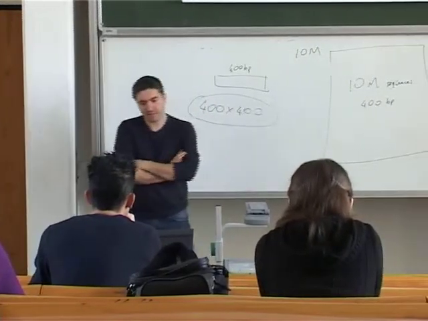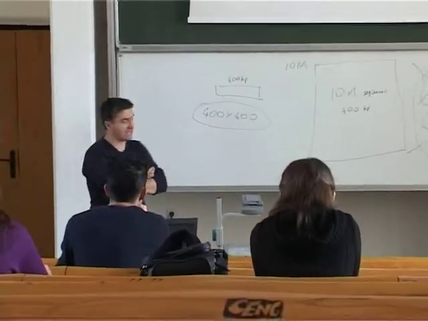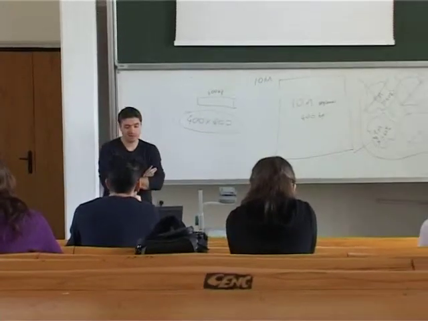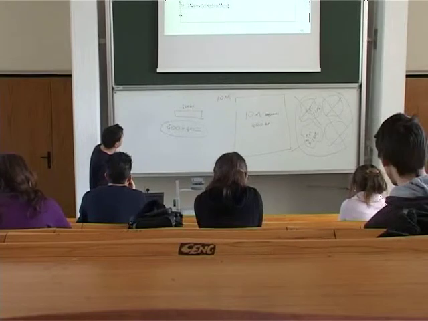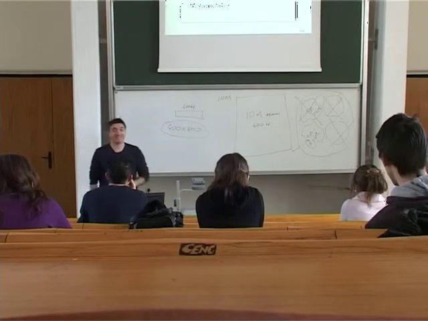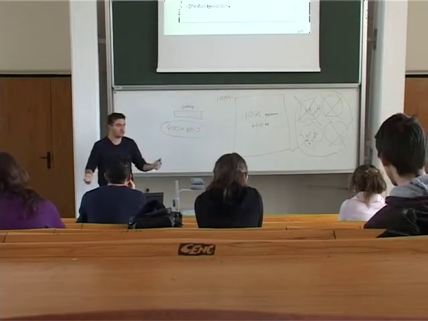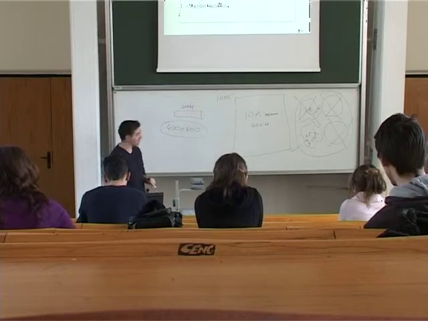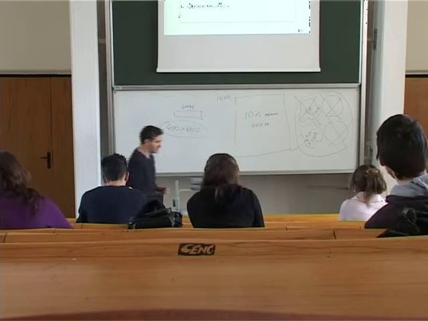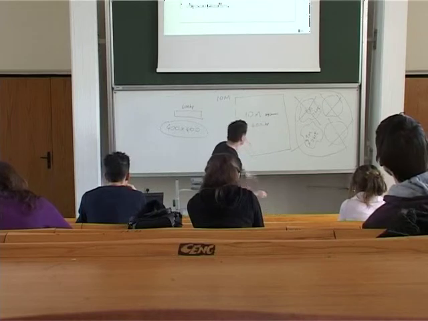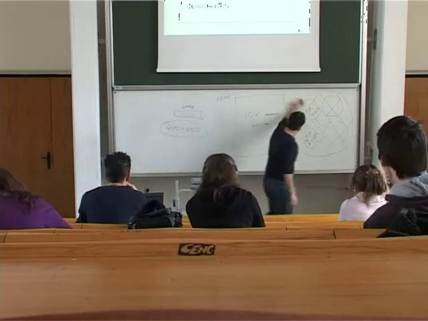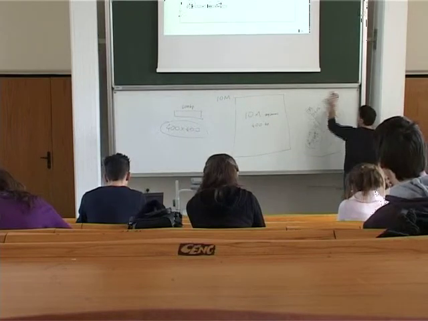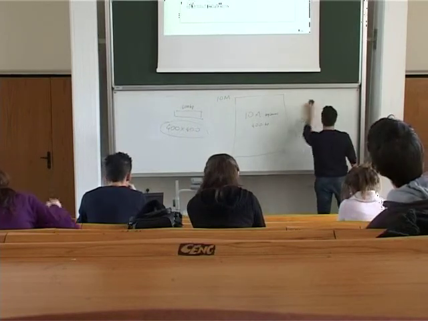BLAST uses a different strategy based on this observation: good alignments contain short lengths of exact matches. We are going to see how this helps us. BLAST does not use this clustering idea, but again, it pre-processes the database.